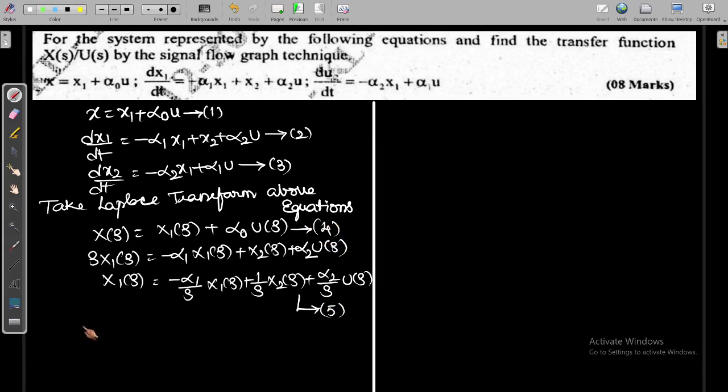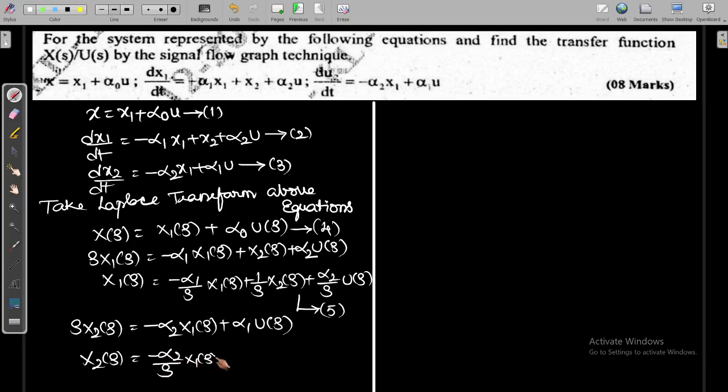The next equation is s into X2 of s is equal to minus alpha 2 into X1 of s plus alpha 1 into U of s, which is written as X2 of s is equal to minus alpha 2 divided by s X1 of s plus alpha 1 divided by s into U of s.